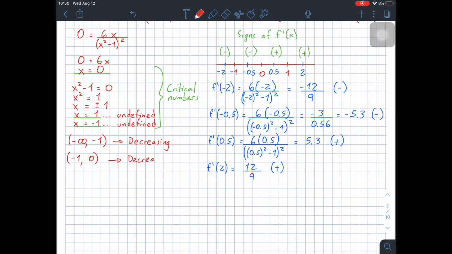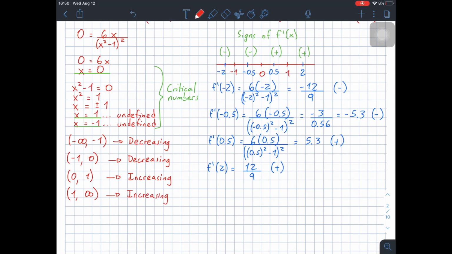Decreasing. Then from 0 to positive 1, the function is increasing already, increasing. And finally, from 1 to positive infinity, the function is increasing again.